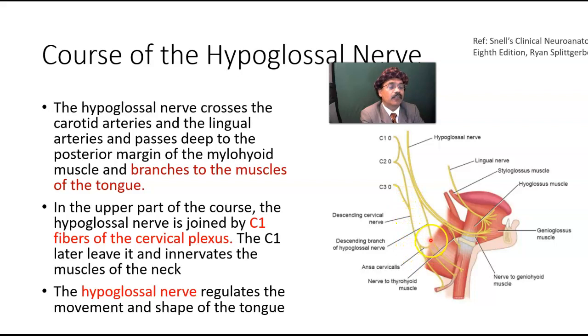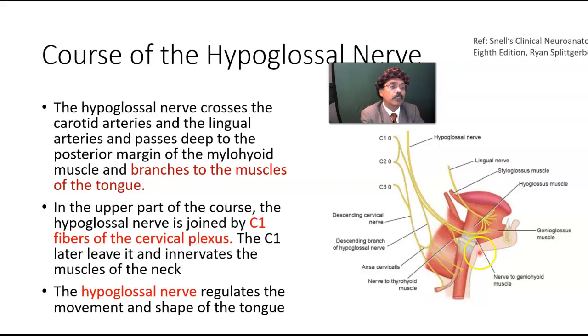The ansa cervicalis is a loop of nerve over the wall of the carotid sheath. It will supply the suprahyoid and infrahyoid muscles, like the omohyoid muscle here, and we have the superior belly and inferior belly.